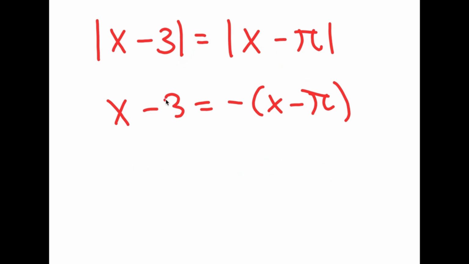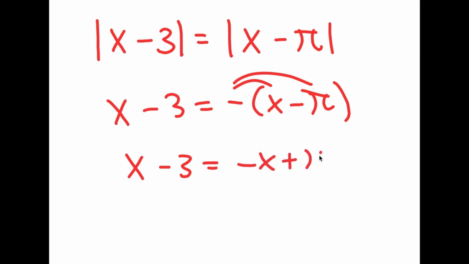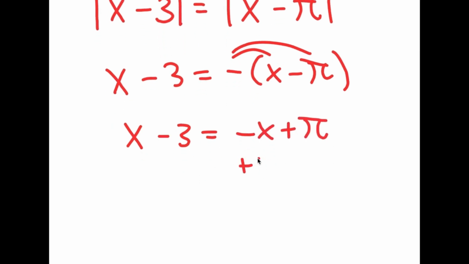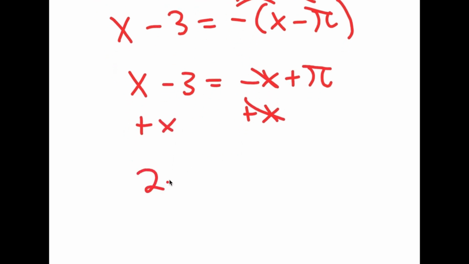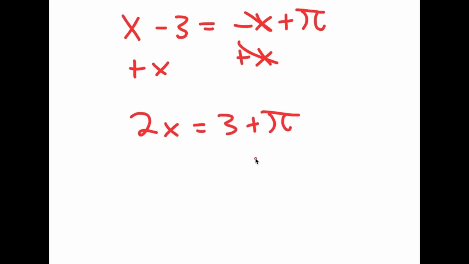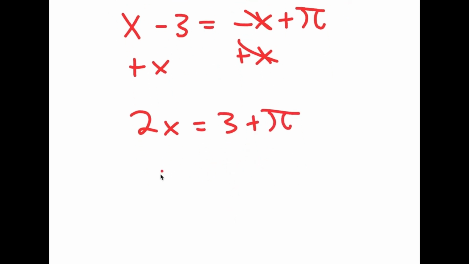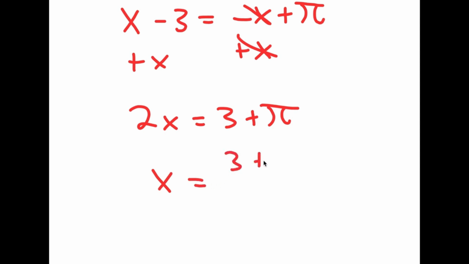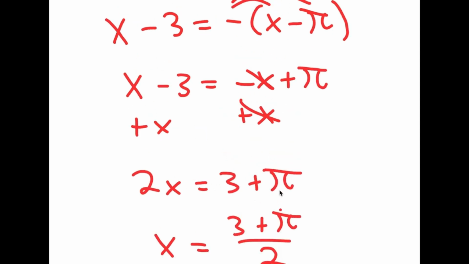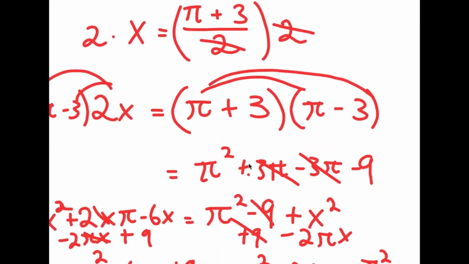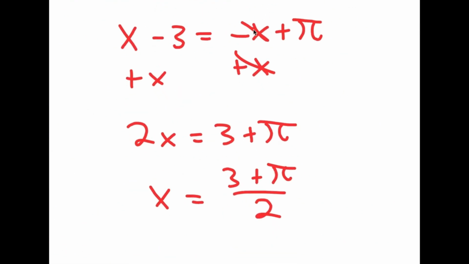So if we want to solve x minus 3 is equal to negative x minus pi, we first have to distribute the negative sign. So I get x minus 3 is equal to negative x plus pi. Now if I add x on both sides, these two cancel out. So I get 2x is equal to 3 plus pi, and x is equal to 3 plus pi over 2, which, going back, is what we started with.